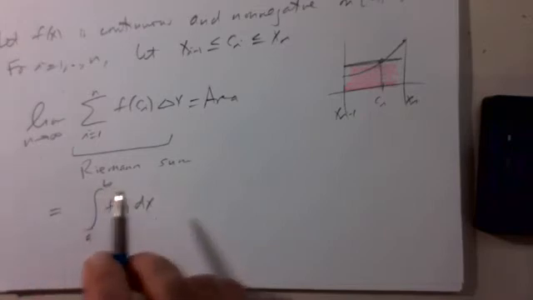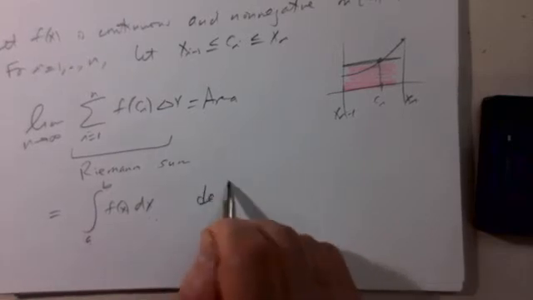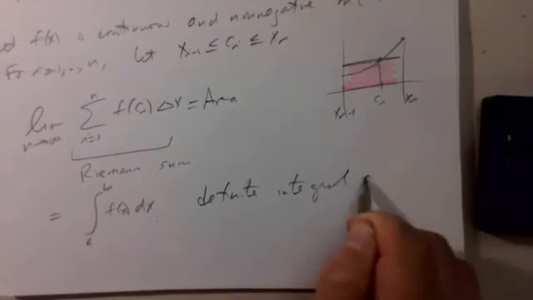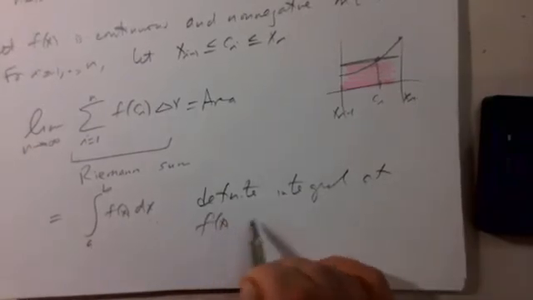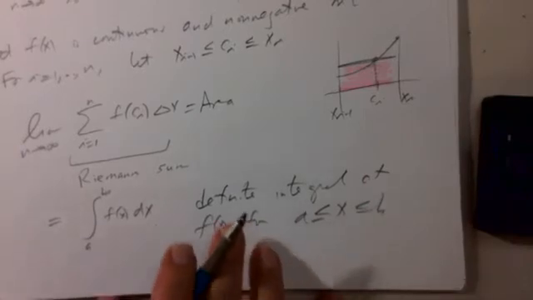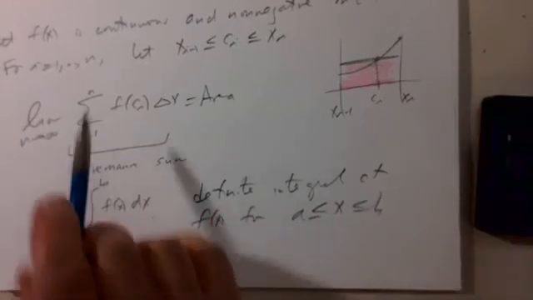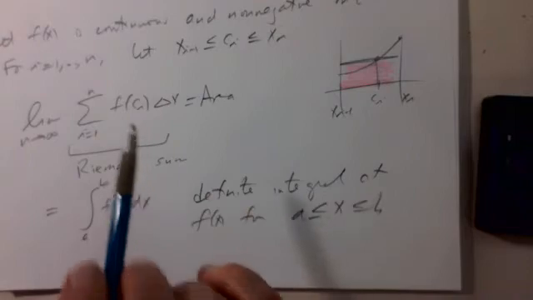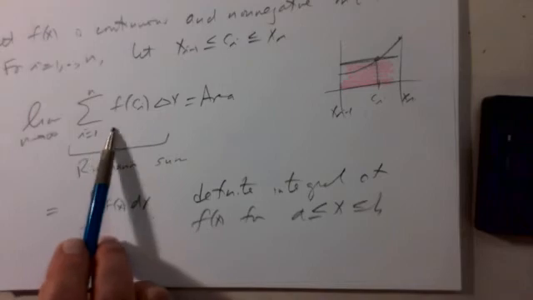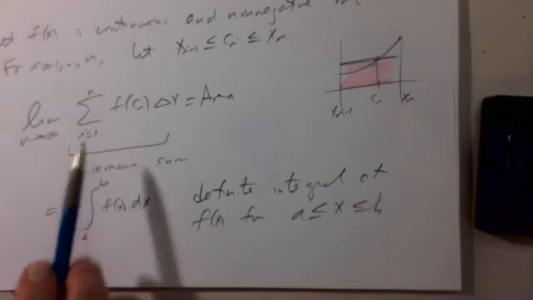This is called the upper limit of integration. This is the definite integral of f of x for x between a and b. So for a non-negative function that's continuous, the definite integral is geometrically the area under the curve from a to b, and it's defined as the limit of these Riemann sums.